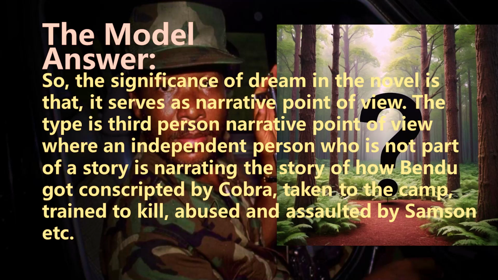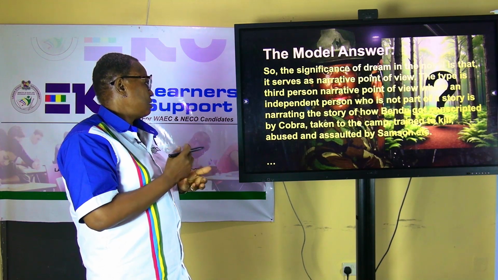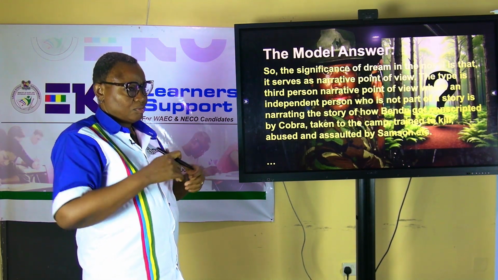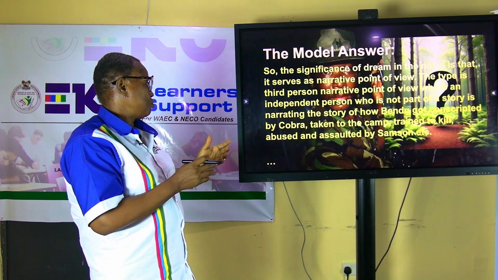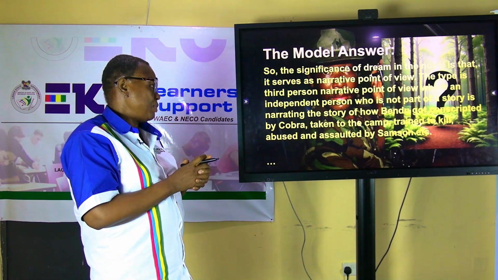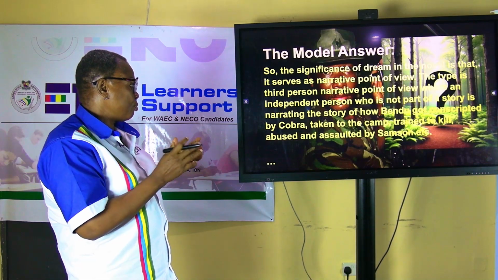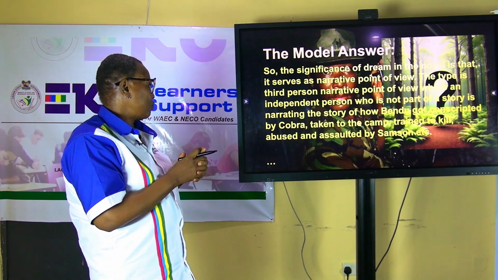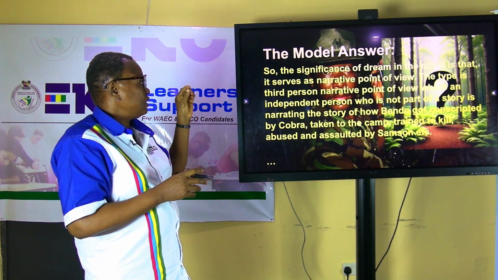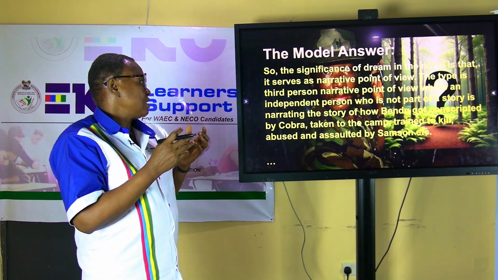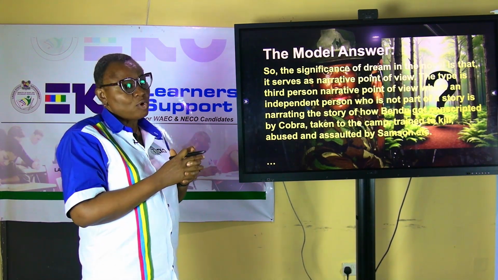So one of the ways that some of the things that happened at Dulima camp were revealed to us is through the nightmare that Bendu had when she came in contact with Cobra again in the city of Monrovia. So one of the significances is the fact that it serves as a narrative point of view.